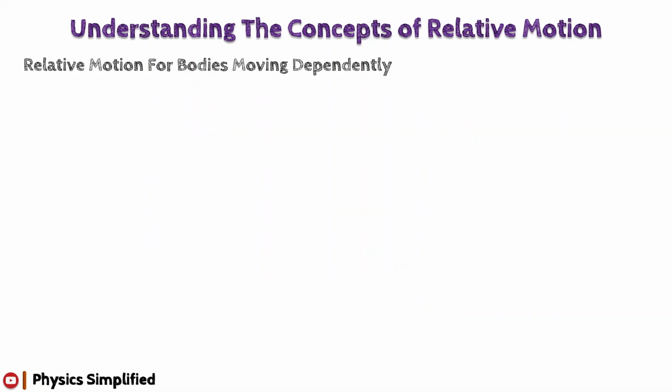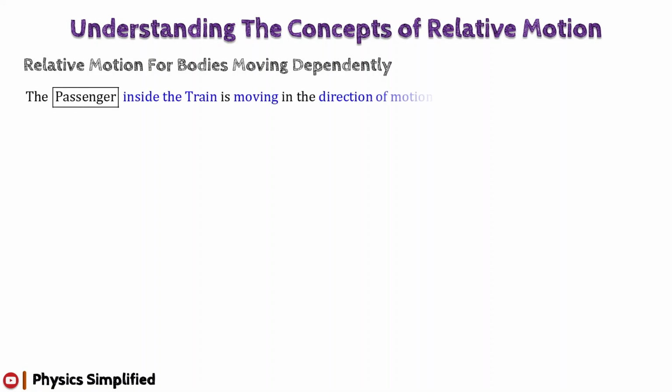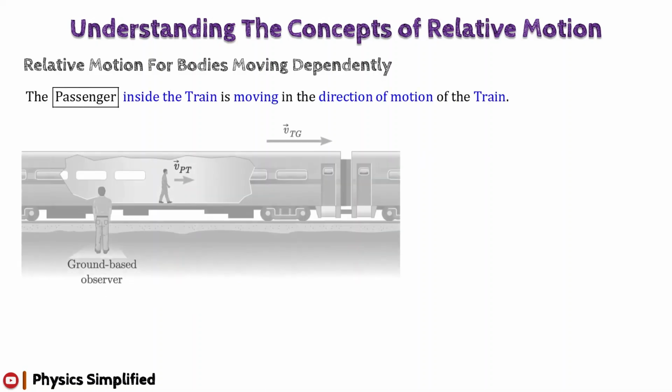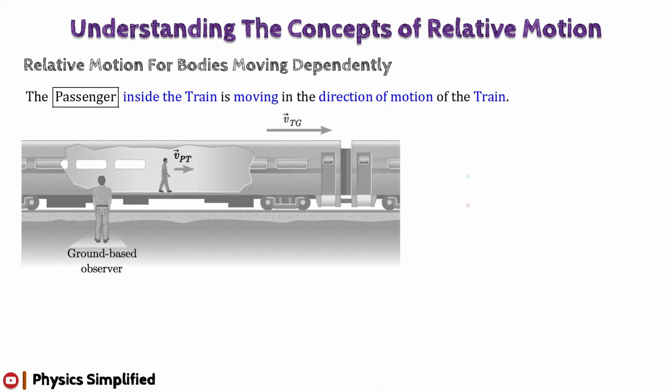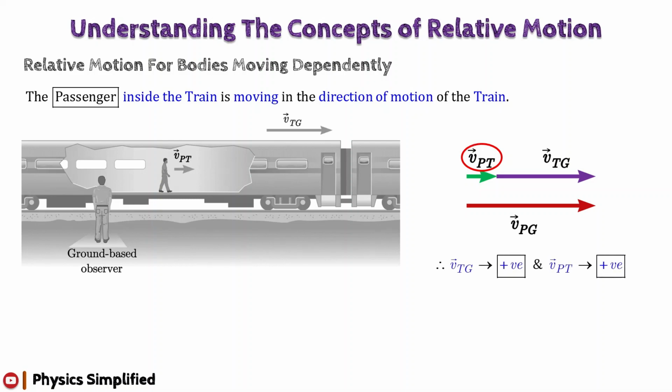Let the passenger be walking on the floor of a moving train, in the direction of the motion of the train, as shown in the figure. The corresponding velocity vector diagram is shown in the next figure. Considering the direction of motion of the train relative to the ground as positive, we find the velocity vector of the train relative to the ground, and that of the passenger relative to the train are positive.